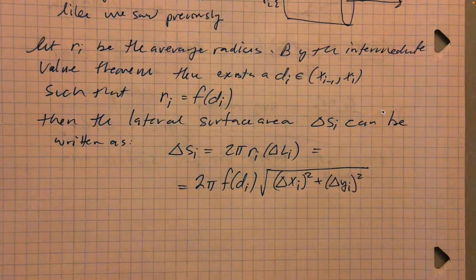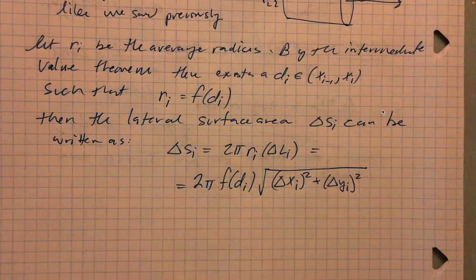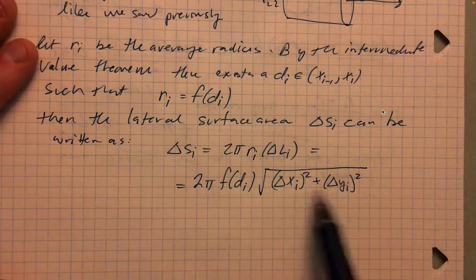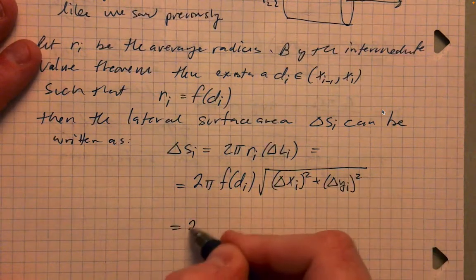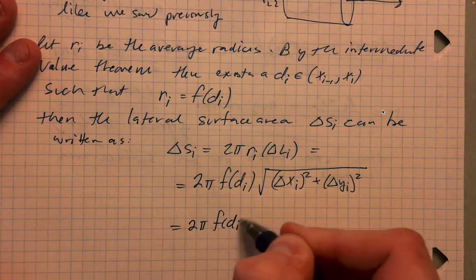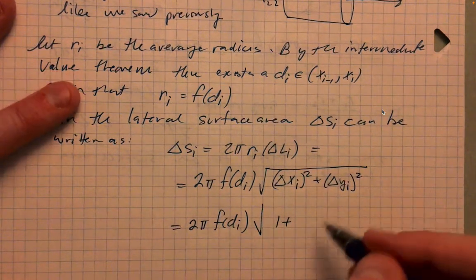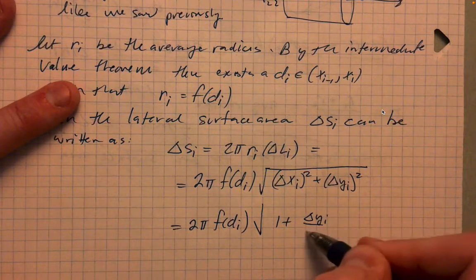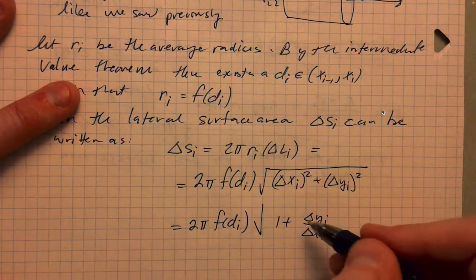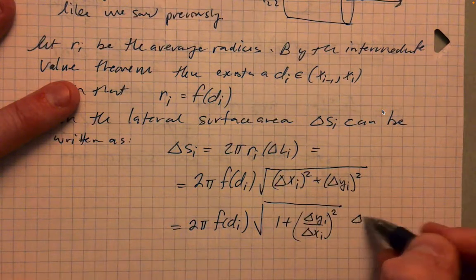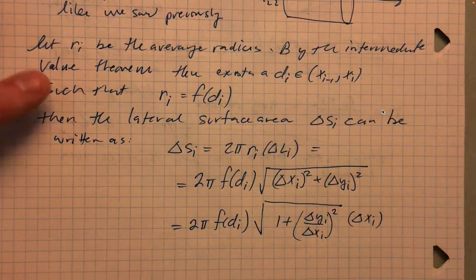Then this piece here, we can do the exact same trick that we did in part A of this lecture, when we were talking about the arc length. We had this long algebraic trick, but basically we can turn this into the square root of 1 plus delta yi over delta xi squared, times delta xi.